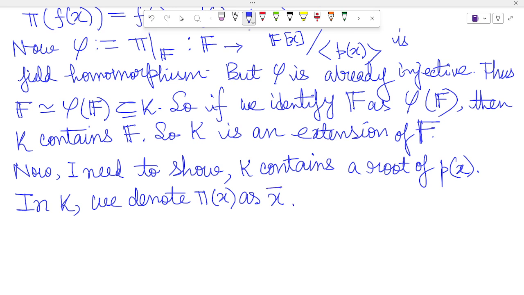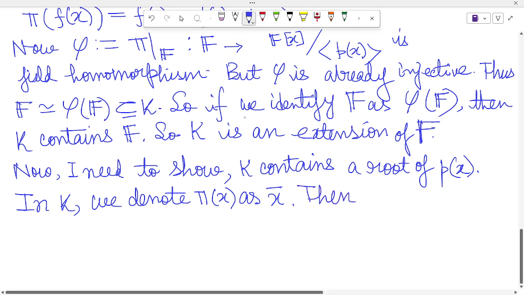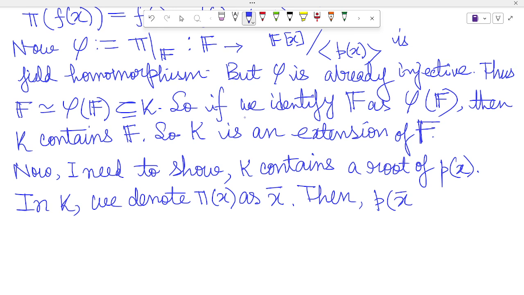Now, what happens if I put p of x bar? It is p of x plus the ideal generated by p(x).